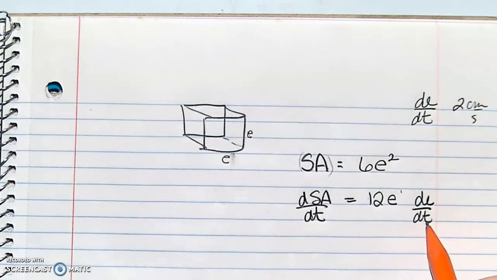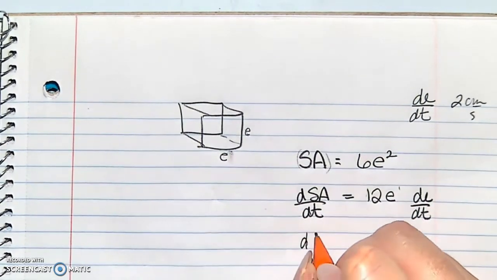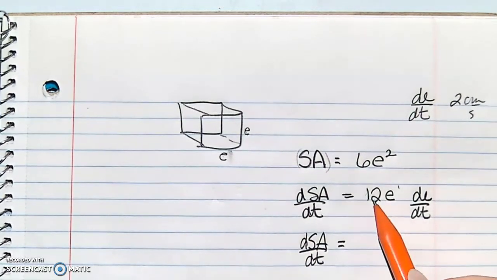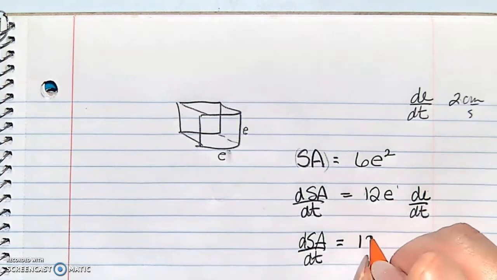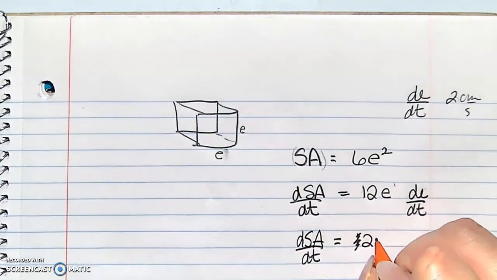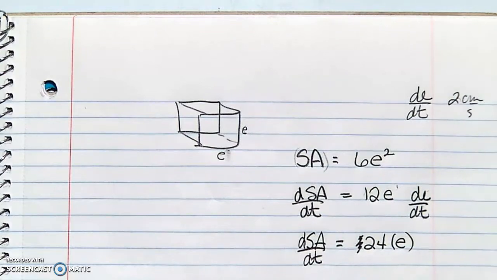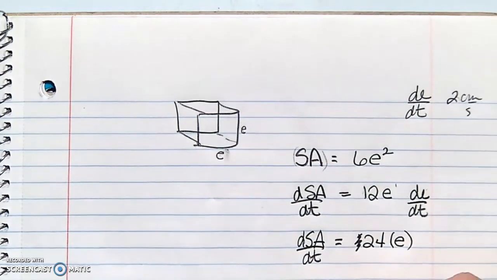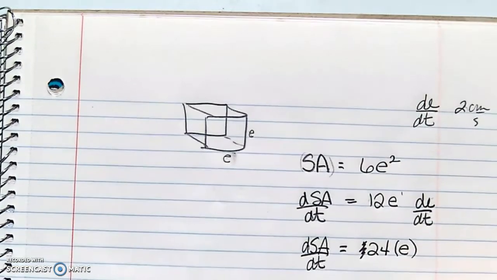So I am trying to figure out how fast the surface area is changing. So I'm looking for dSA/dt is 12 times my given value of 2, which is going to be 24 times whatever E is. So if each edge is 3 centimeters, then I'm going to plug that in at 24 times 3 and get a 72.